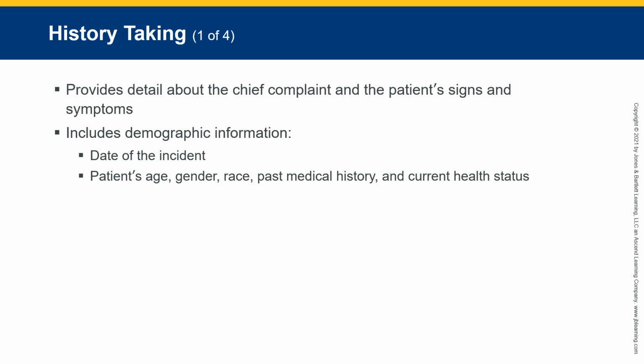History taking. It provides details about the chief complaint and the patient's signs and symptoms. It includes demographic information, including date of incident, their age, gender, race, past medical history, and current health status. One of the things about date of incident: how many times have you run a call or heard of a call where they fell 3 days ago and then called today because they finally started hurting?